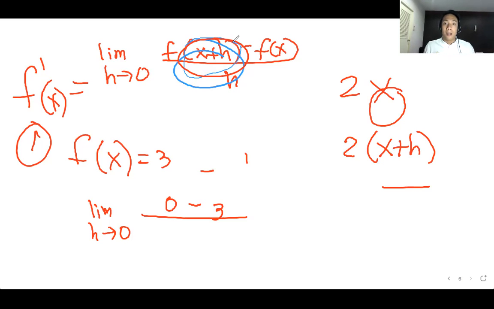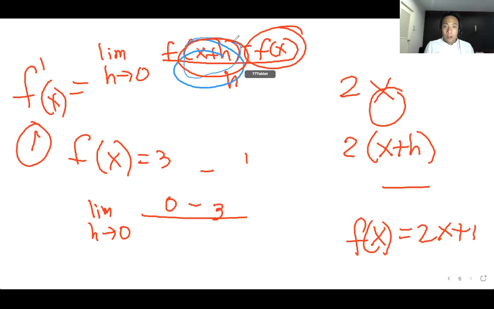That is what I mean. Okay? So yun yung trabaho ng x plus h. And then yung f of x, that will be the main given. So for example, f of x equals 2x plus 1. So ang ilalagay ko lang is 2x plus 1. Got it?